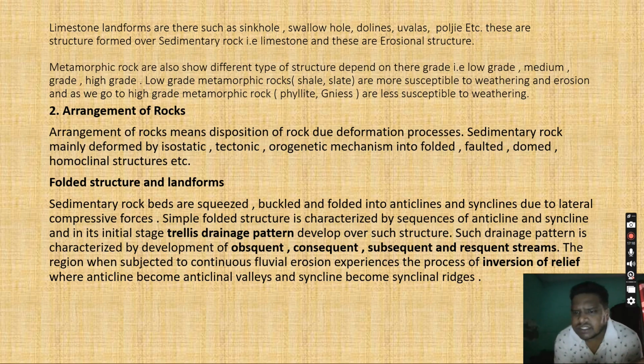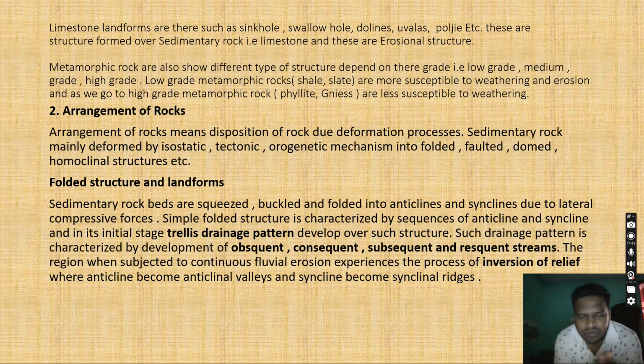The anticlines become anticline valleys after erosion, and synclines become syncline ridges after erosion. Such structures develop over folded lithology of anticlines and synclines, and this is due to inversion of relief. Inversion of relief means there is some relief, and after some time, due to erosional activities, the relief is inverted.